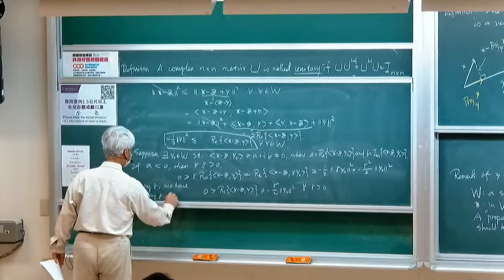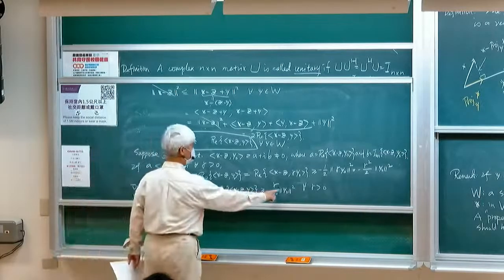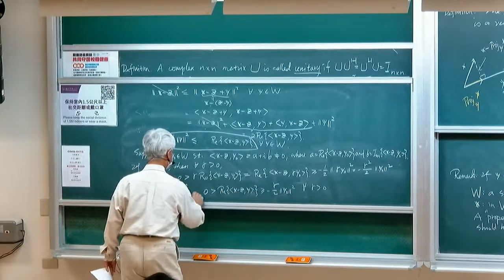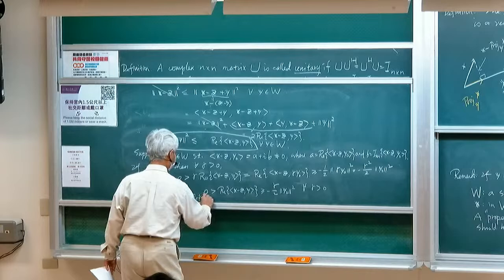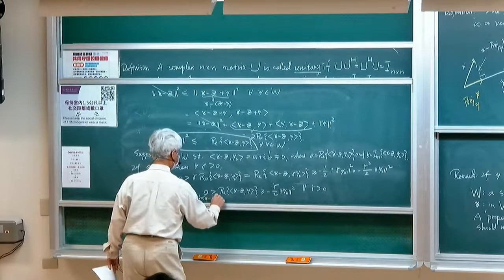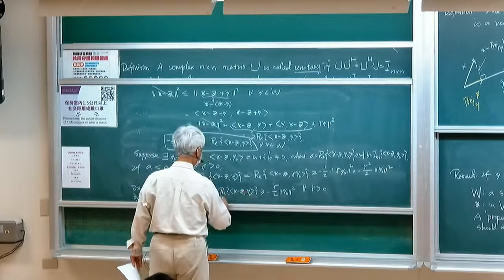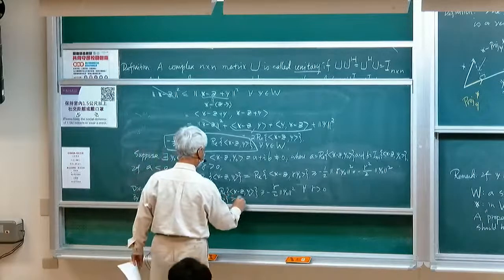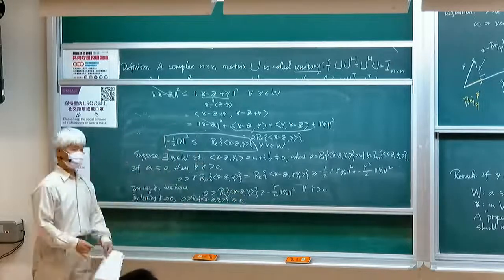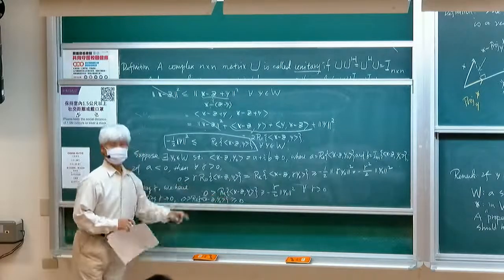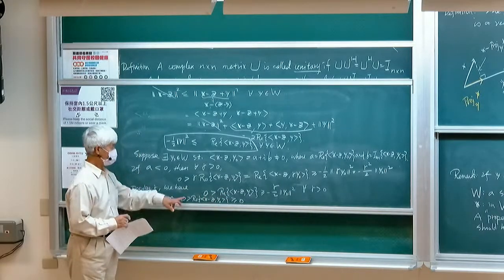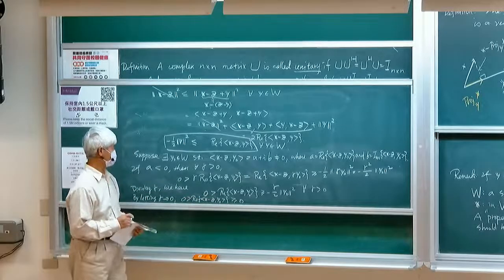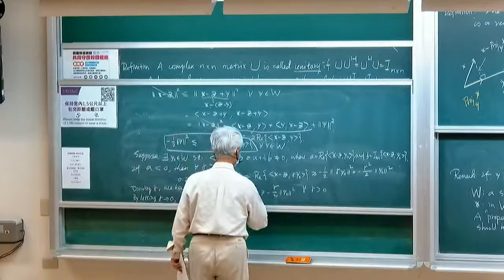Now, by letting gamma go to 0, we have 0 greater than the real part of x, z, y0, I'm sorry. It's greater than or equal to 0. So 0 is greater than 0. No, 0 is greater than 0 because of this inequality. So this is a contradiction.